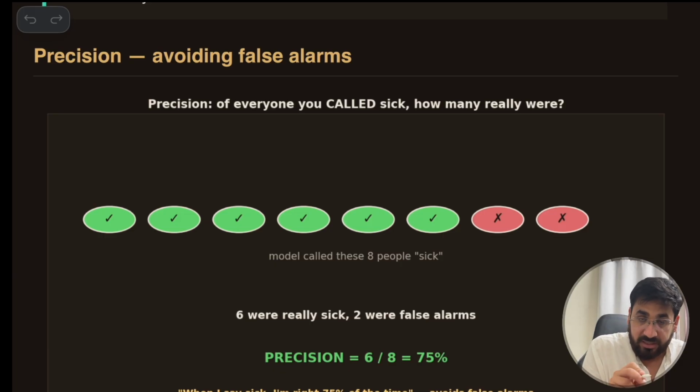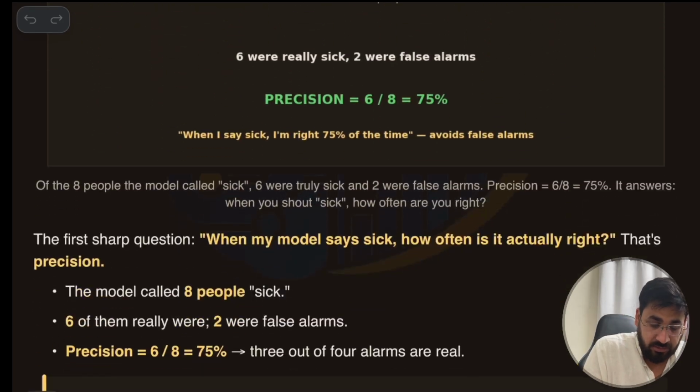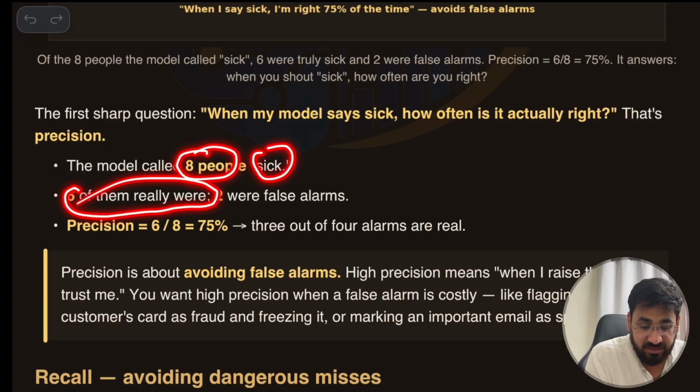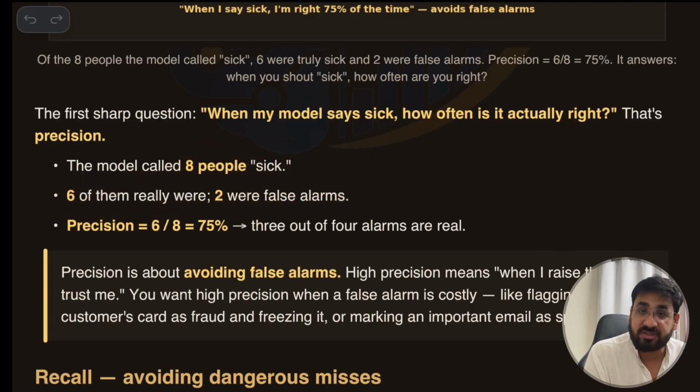So 8 minus 2, that is 6 divided by 8, it's 75%. That's it. You can see right now, when my model says sick, how often it is actually correct. The model calls 8 people sick and 6 of them really are, and 2 were false alarm. So it is 75%.